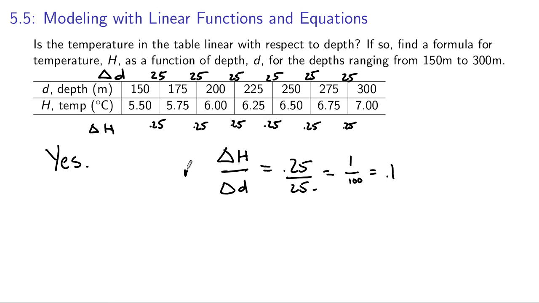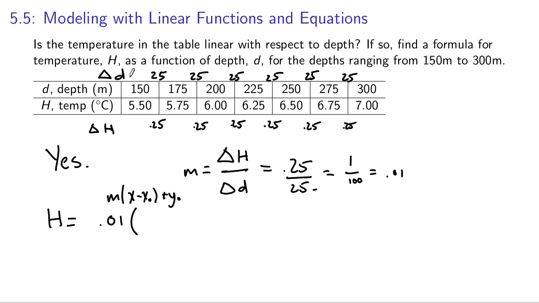That's our slope. So we can write an equation, h equals slope m, which is 0.01, 1/100th, times, remember the form of point slope form was m times x minus x naught, plus y naught, where x naught, y naught is our point.